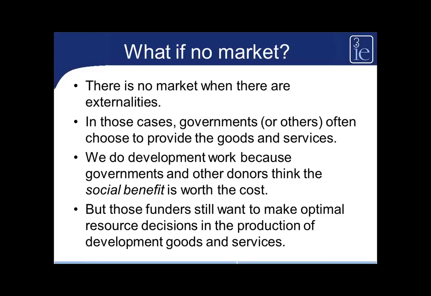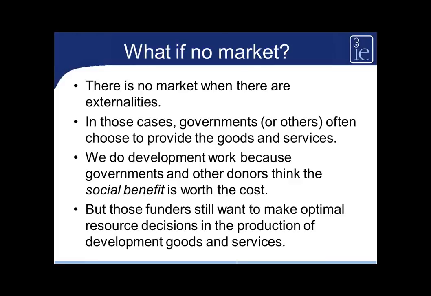In the cases where we think that there are goods that have externalities that we want to have, governments or others, like private foundations, choose to provide those goods and services. So pretty much all of the development work we do is because there are governments and other donors who think that there's a social benefit from the production of these projects that is worth the cost that they're paying for it.